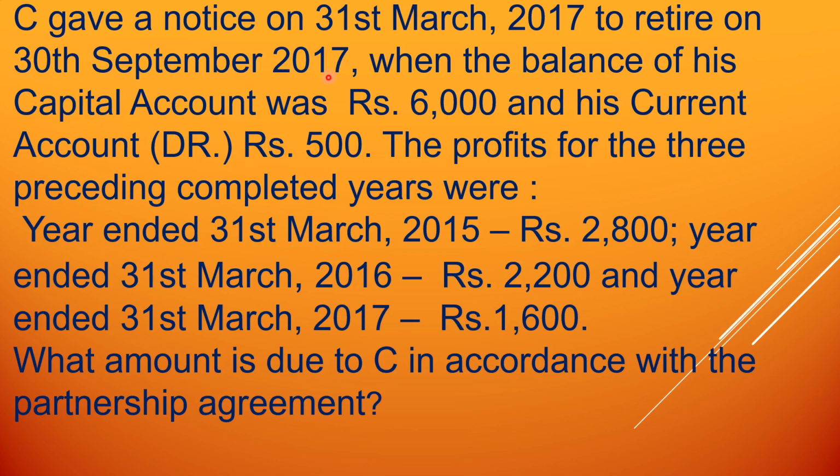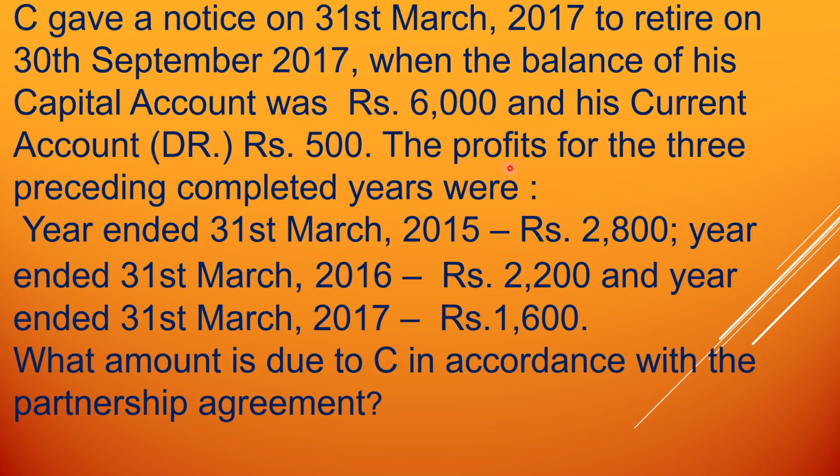On that date, the balance of his capital was rupees 6,000, and the current account had a debit balance, meaning a negative balance. As a capital, it is a favorable balance, while a current account debit balance means losses or excess withdrawal from the firm. So these 2 opening balances are there.